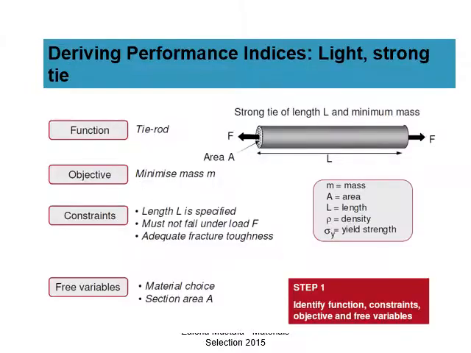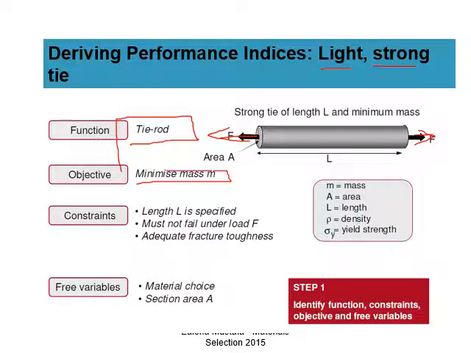Here is the detailed step by step derivation of the performance indices in the case of a light and strong tie. Tie means pull, like this. That is the meaning of tie. So over here the function is a tie rod. As you already know, this one is similar to the previous example.